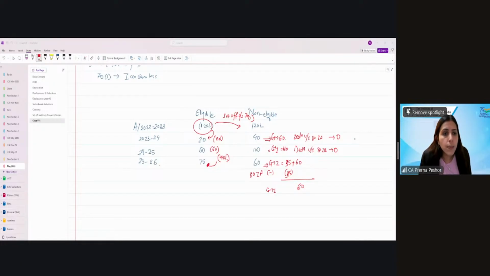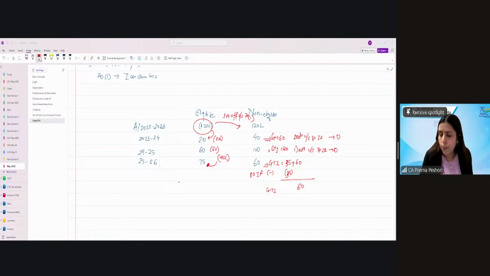Samnathan, 40 will not be taxed in 25-26. How 40? It will be 60 which will get taxed now. Where is the 40? 40 is the loss. 40 is the brought forward loss, Samnathan, which I am setting off against 75. So 35 remains. So I will claim the deduction of 35 under ATIA and that will become 0. And 60 is what my GTI will be. Is that clear?